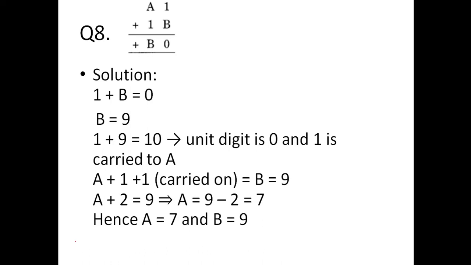Then that 1 will be carried on to the next addition. So A plus 1 plus 1, already A plus 1 is there in the question, and the carry is also coming. So this is how A value is 7 and B value is 9.